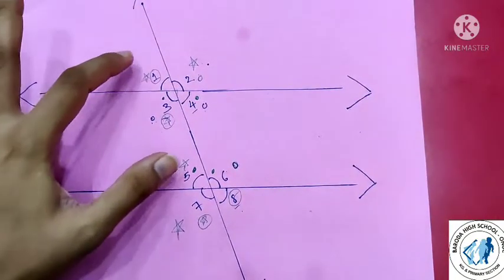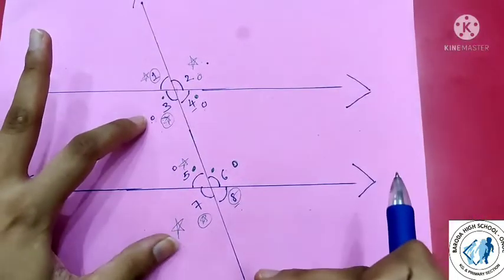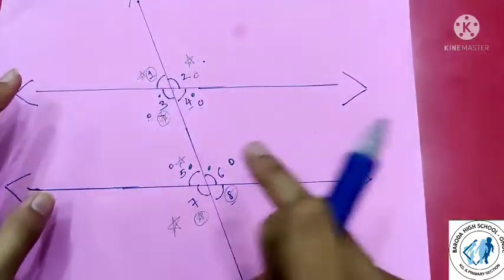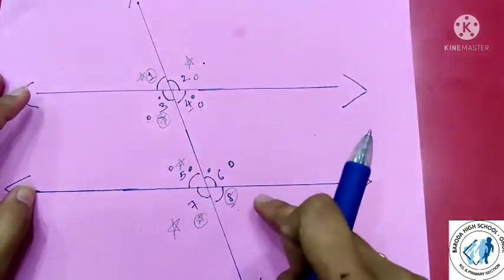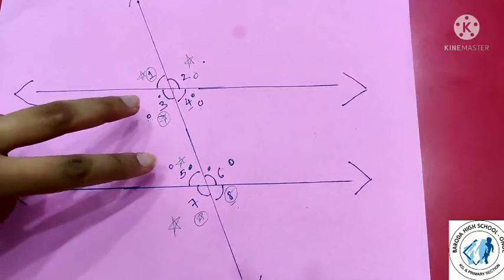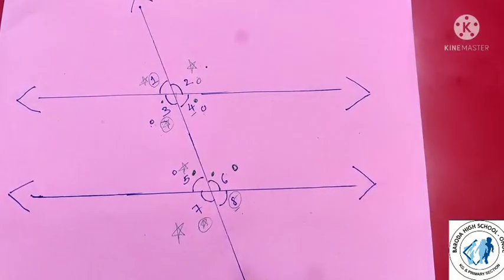Corresponding angles. These are my corresponding angles: above and below. Correct? Above and below on both sides of the transversal, left and right. Clear? And interior angles of the same side: 3, 5, 4, 6. Easy to remember.